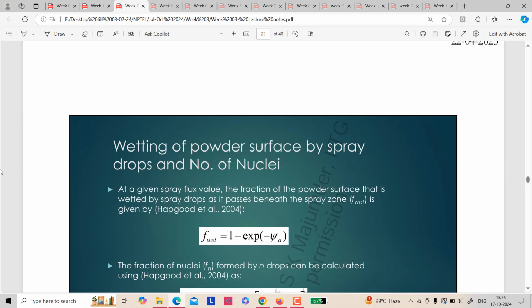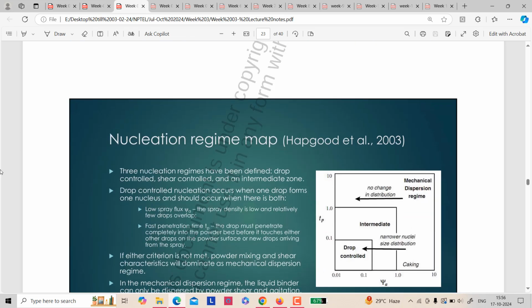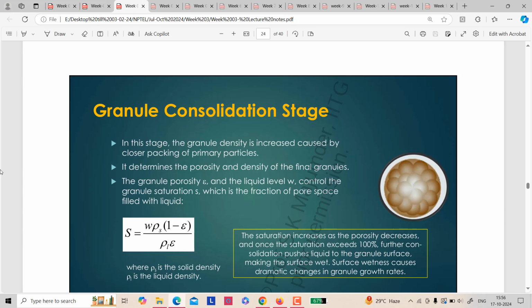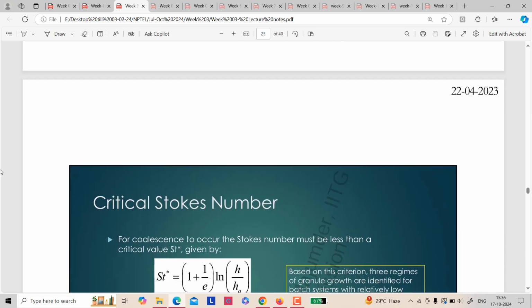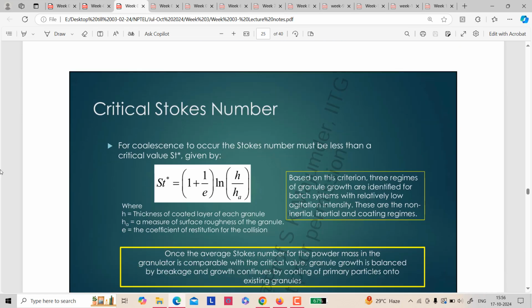This is the surface formation, the powder surface by spraying drops and the number of nuclei relation. So this is related to the size enlargement process. This is the expression of the critical spray number.